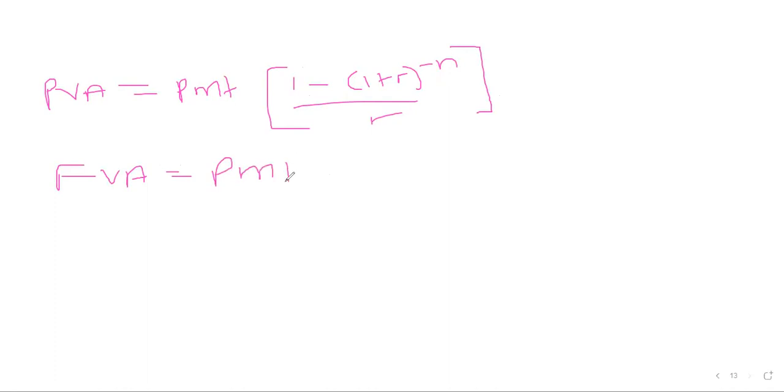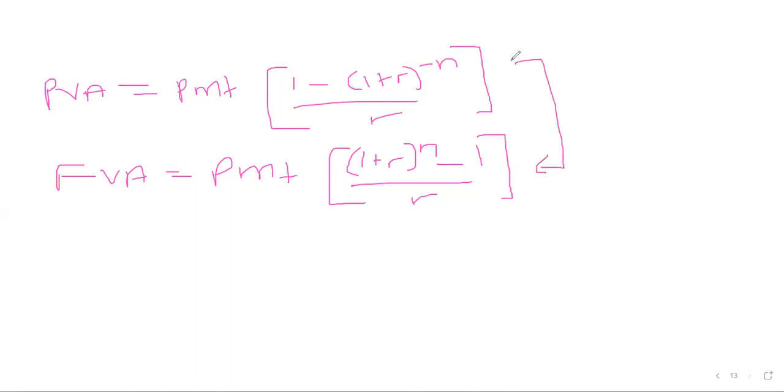Just so that we differentiate them. Yes, Kwangu. 1 plus R to the power positive N, minus 1, over R. So you see that these have a slight difference. The present value has a negative exponent, but it's at the end. The future value has a positive exponent, but it's at the beginning.